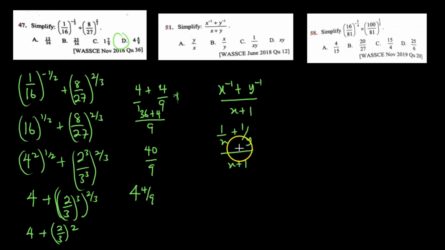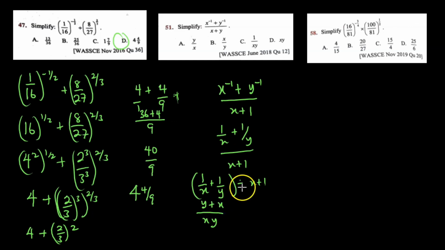Now, I can also rephrase it and then have it as 1 over x plus 1 over y all divided by x plus y, so that I can easily work with the fraction. So LCM is xy. Now x goes into xy, y times multiplying 1, so we have y, plus y goes into xy, x times multiplying that, we have x.